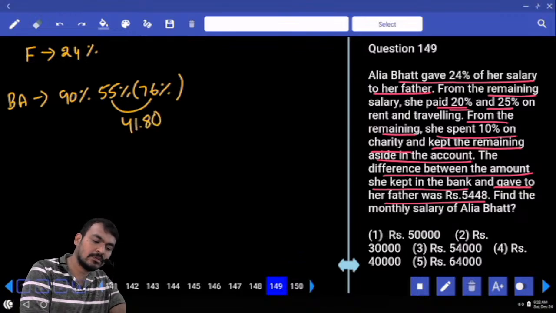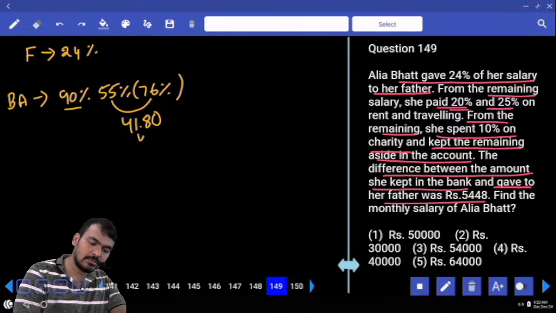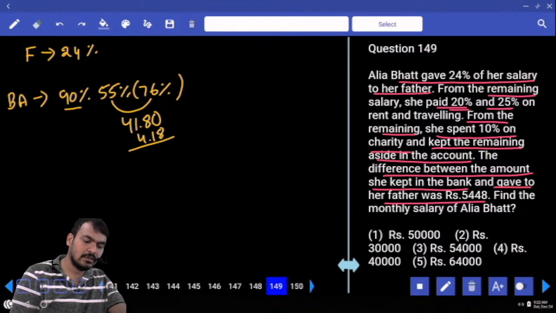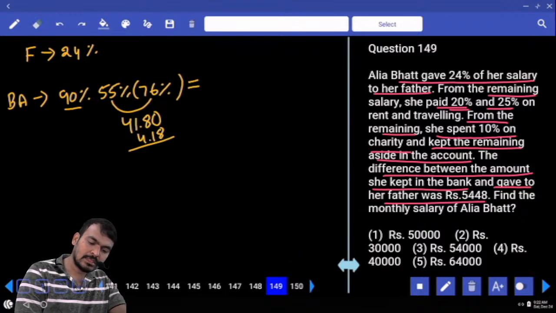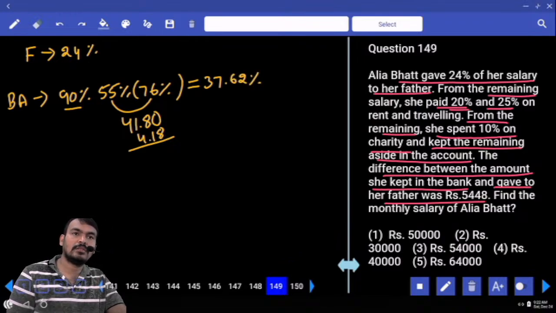In that, how much percent? 90%. Means subtract 10%. What is the 100%? 41.80. 10% means 4.18. Subtracting or adding? Subtracting. Means 37.62. That is which value?